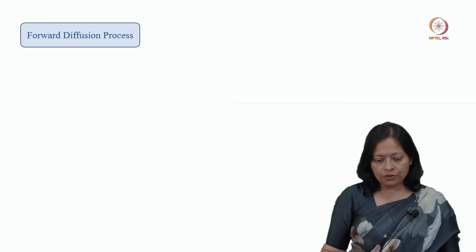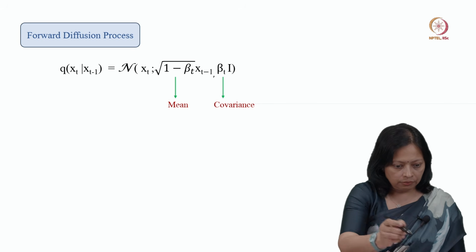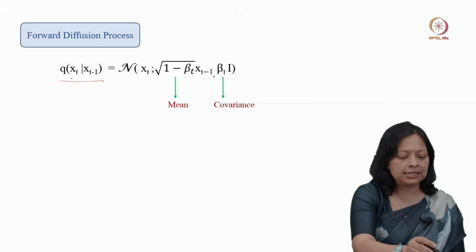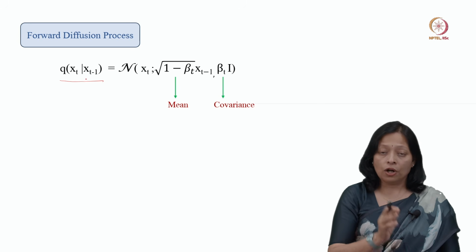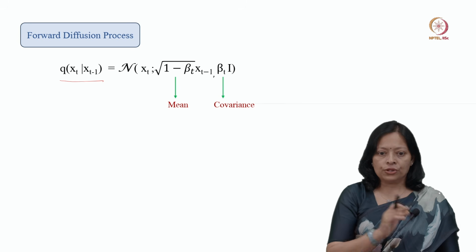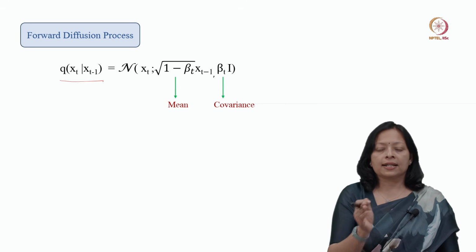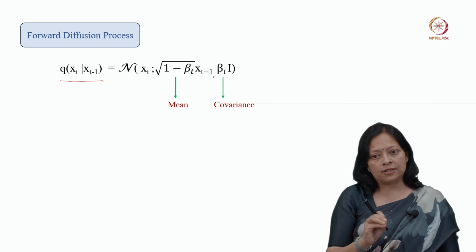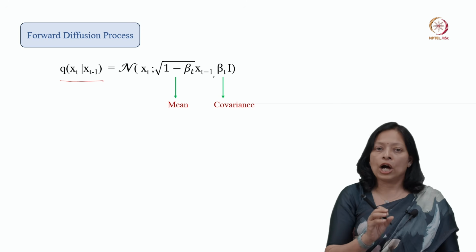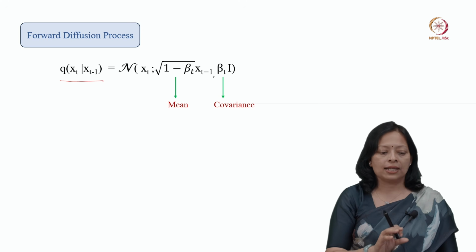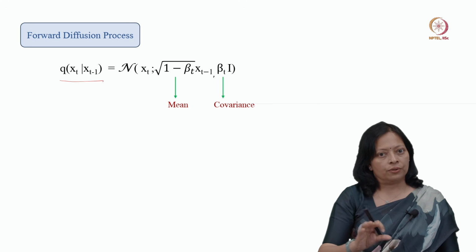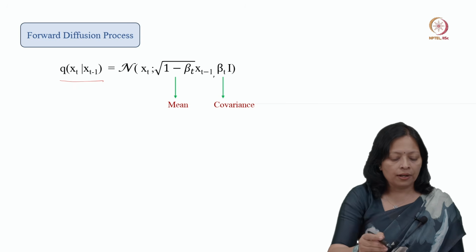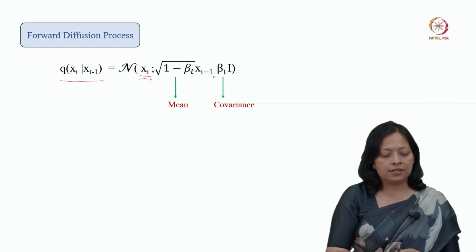Now, in the forward diffusion process, again I have written that same equation. This is the probability distribution of getting xt given xt minus 1, or conditioned on xt minus 1. So, your xt is conditioned on your xt minus 1, how much noise the step t minus 1 image is having. Based on that, your xt will be made, with some extra noise added to it. Now, this xt is sampled from that distribution.